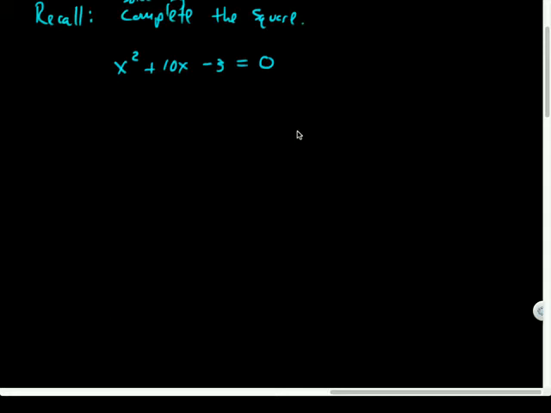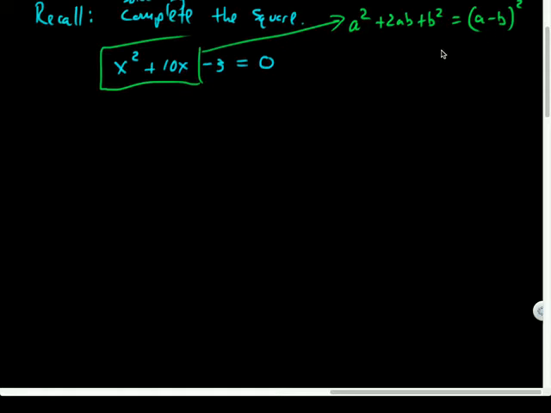Completing the square was related to this perfect square trinomial. a squared plus 2ab plus b squared is equal to a plus b all squared. And the idea was, if I could make this look like that, I could then rewrite it as that. That's the general approach, okay? And so for the steps to completing the square, step 1 was to move the old c term to the other side.